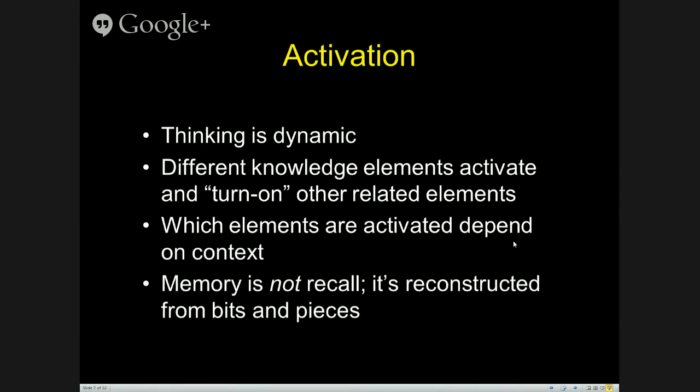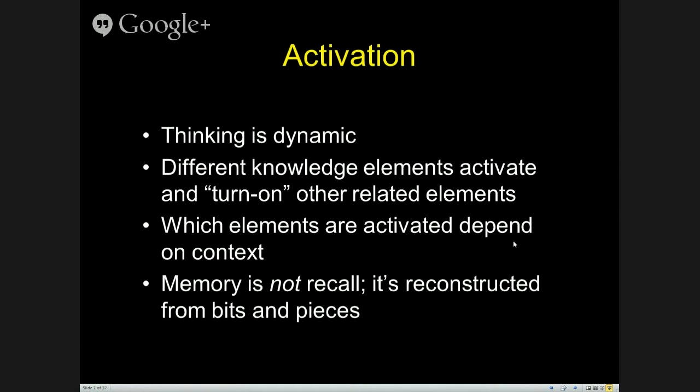So activation: thinking is dynamic, and all of our brains have little pieces of knowledge that remain dormant that we need to turn on depending on the circumstances or on the need. However, the brain is a complicated machine, and which elements are activated depends on context. So the brain needs cues in order to recall things more effectively.